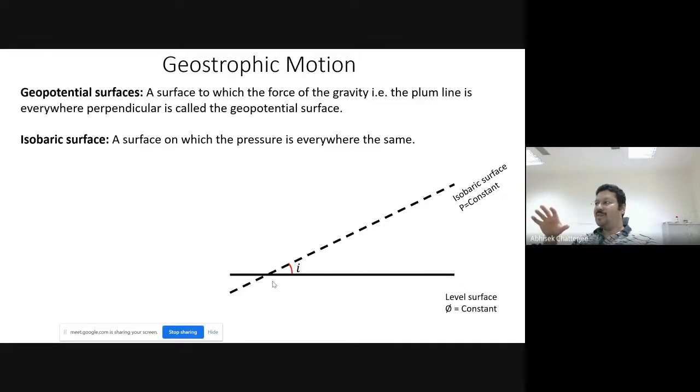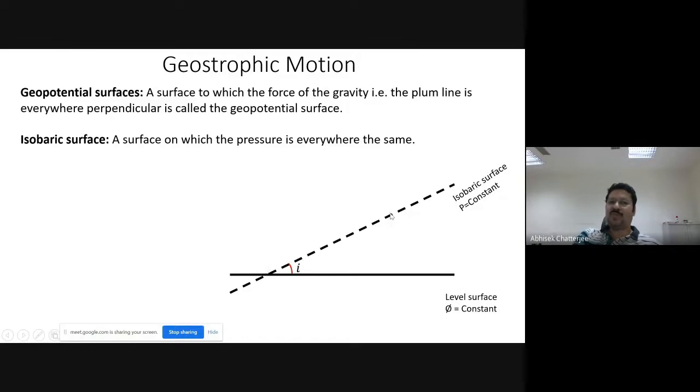This basically means that the geopotential along that surface will not change. That is also called level surfaces. An example of a level surface is a lake where there is no wind going on; the surface will be very flat, and that is a geopotential surface. So phi is constant, that is my level surface.